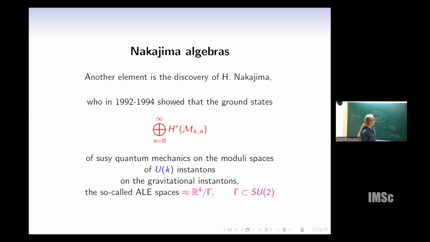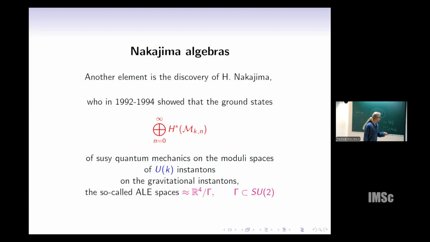Now another element of the story was the discovery of Hiraku Nakajima, who at the time was a beginning Japanese geometer. Nowadays he's the president of the International Mathematical Union. He found that the moduli spaces of instantons on special spaces, so-called ALE manifolds, studied by Gibbons and Hawking, Eguchi and Hanson and others, are interesting four-dimensional solutions of Einstein equations with Euclidean metric.